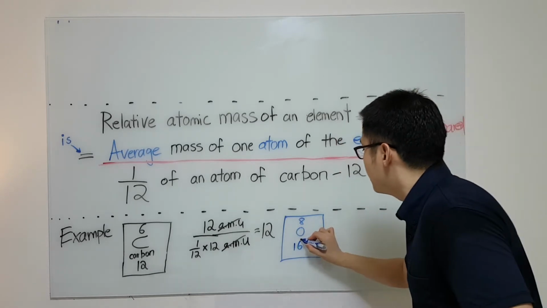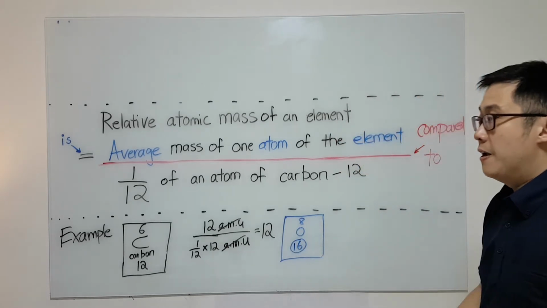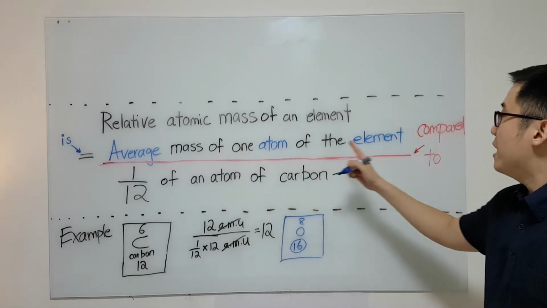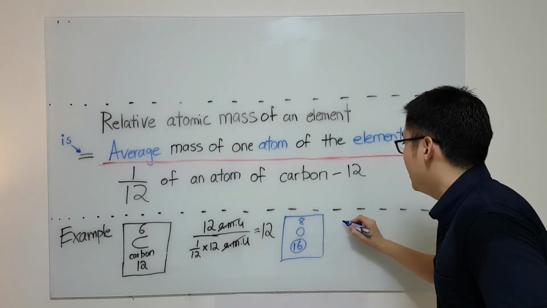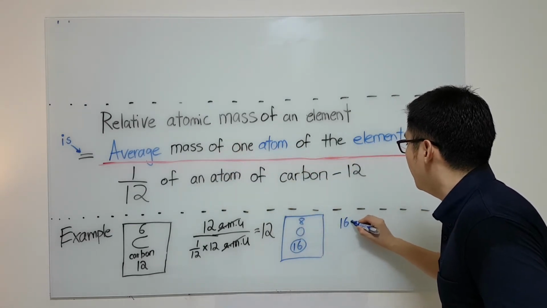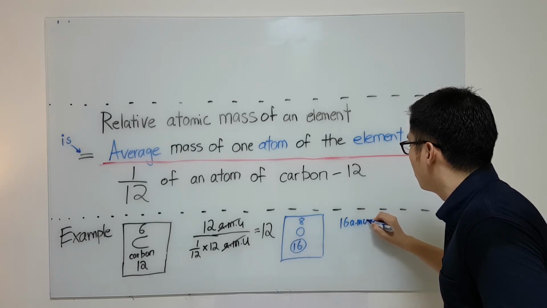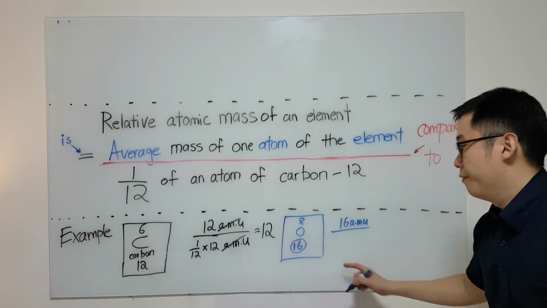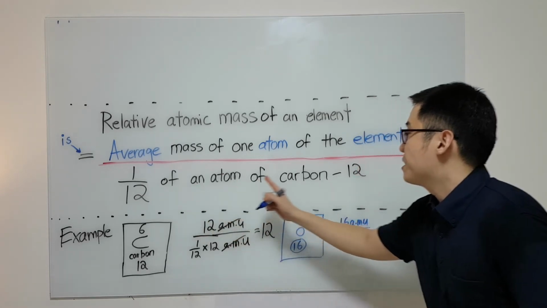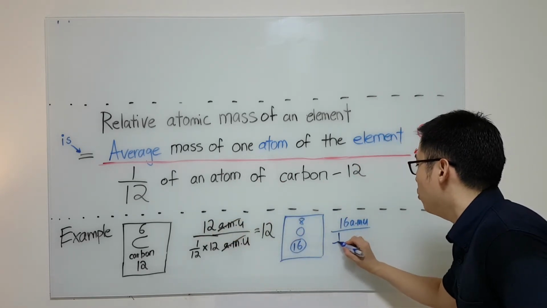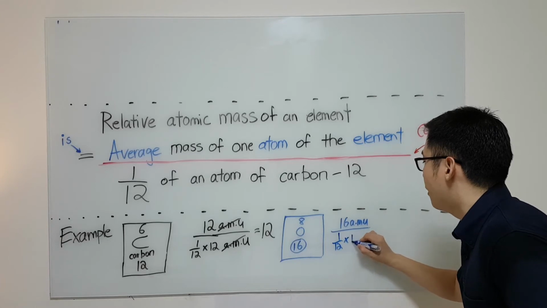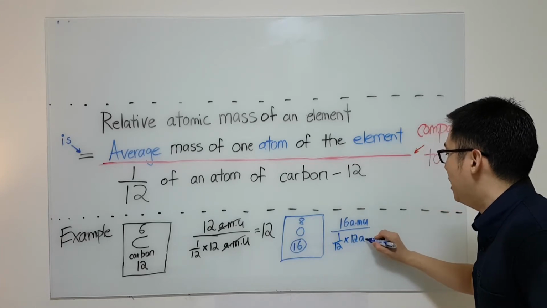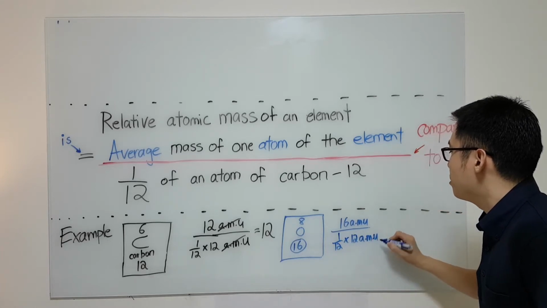So what this 16 simply means is that the average mass of one atom of the element, in this case oxygen, is divided by 1/12 of an atom of carbon-12, which is 1/12 times 12 AMU, atomic mass unit.